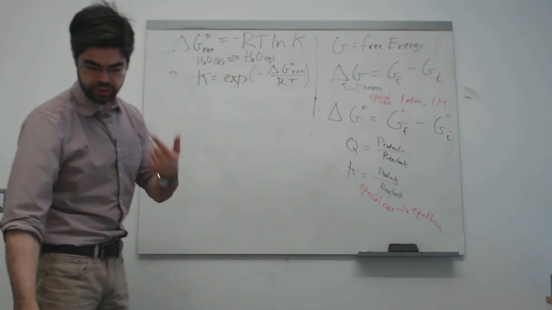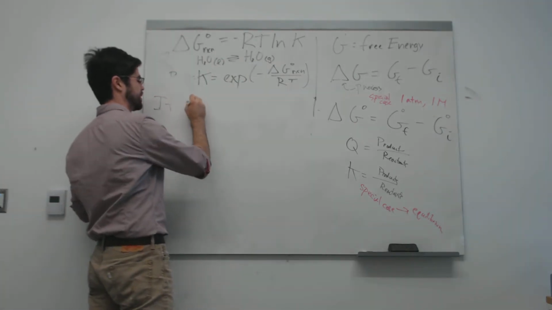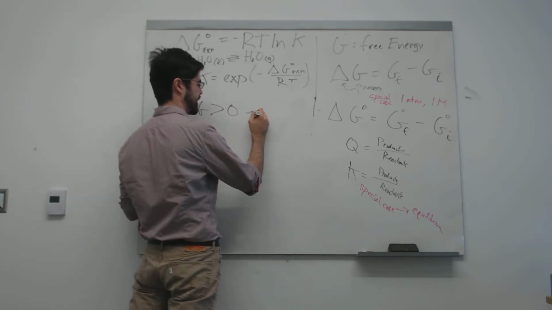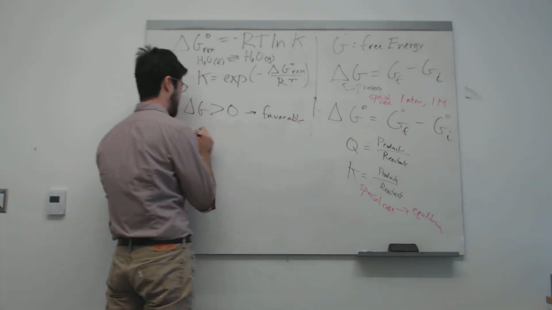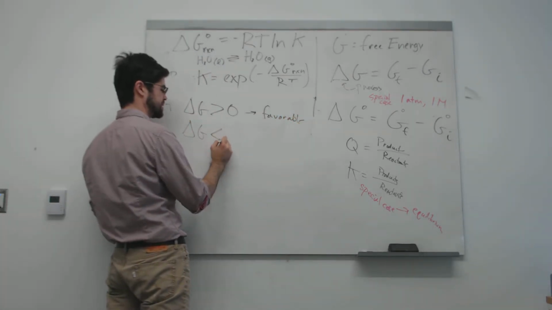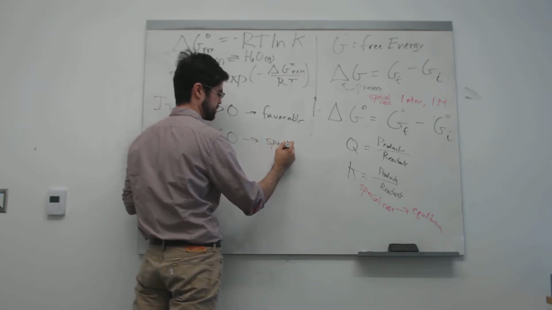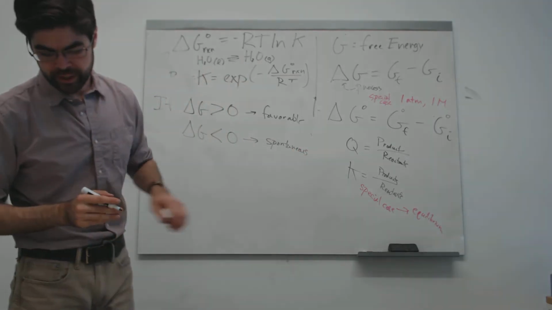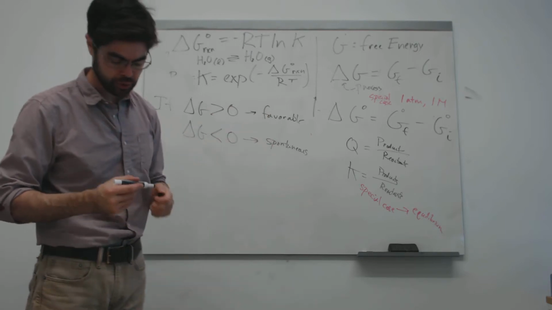The question was: you said, meaning me, that if delta G is positive, greater than 0, then that's favorable, and that if delta G is negative, that is less than 0, then it's spontaneous. And your question was, how are these both able to coincide? How can they both be true?